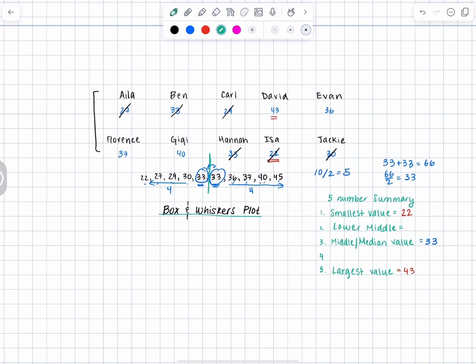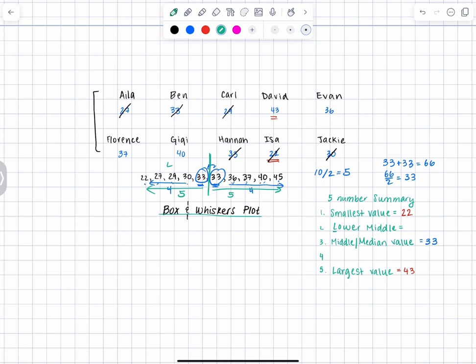So we have 5 numbers this way and 5 numbers that way. You basically cut it in half, so we make sure that there's half and half. This is the lower, so the lower is on the left side. An easy way to remember it: lower starts with an L, and the word left starts with the letter L.